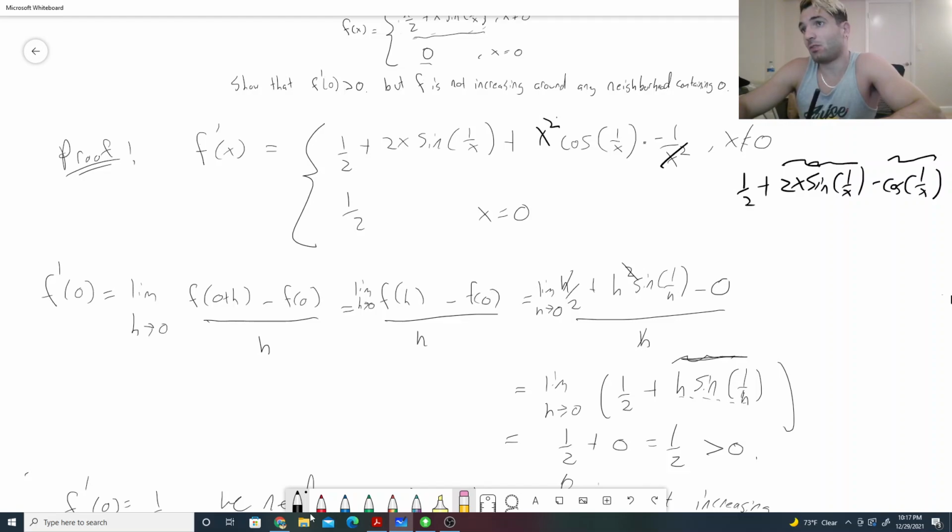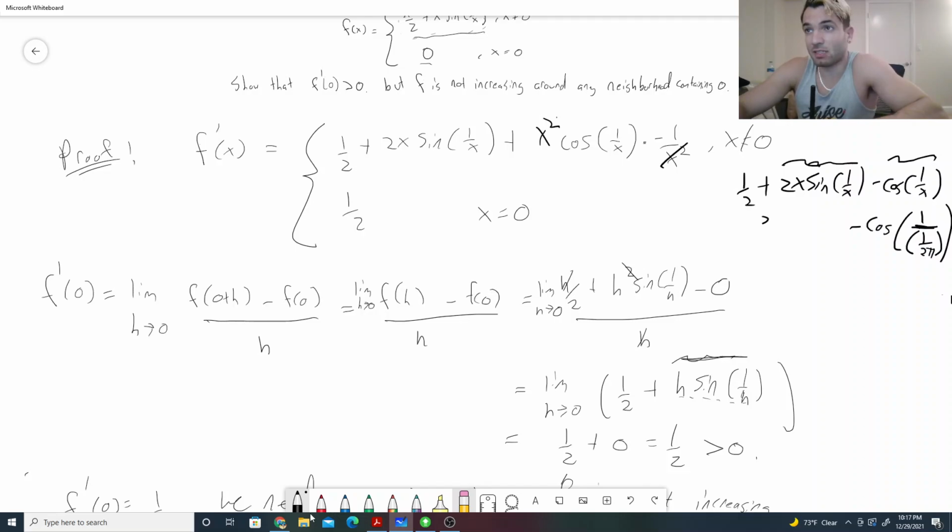Well, a sensible choice is x equal to 1 over 2 pi. Right? Because then this would flip and we'd have cosine of 2 pi, and cosine of 2 pi is 1.